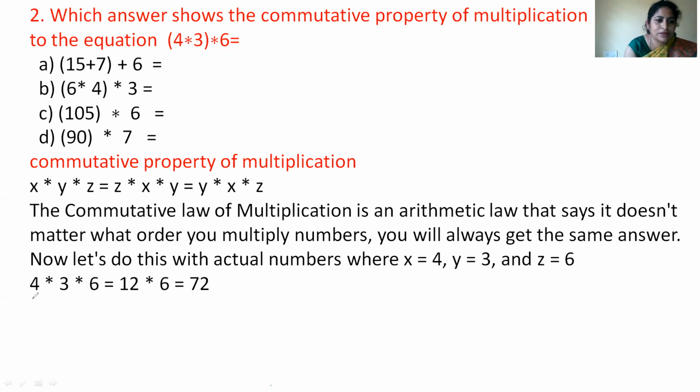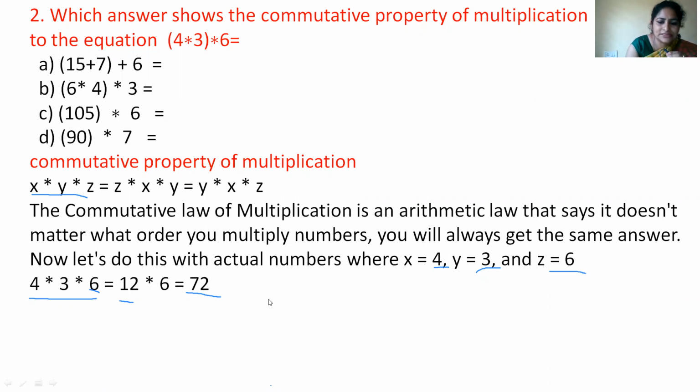Now in the place of x, y and z, I have placed the values here. 4 into 3 is equal to 12. 12 into 6 is equal to 72. So this is the answer we got when we substituted in x into y into z.